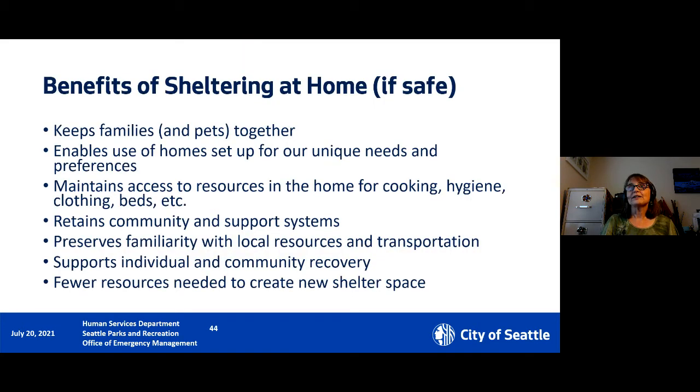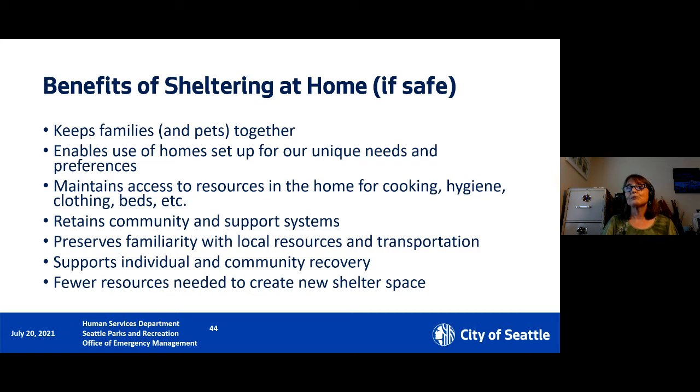So some of the benefits of sheltering at home include it keeps families and pets together. It enables the use of homes already set up for unique needs and preferences. It maintains access to resources in the home for cooking, hygiene, clothing, beds, etc. It retains community and support systems.